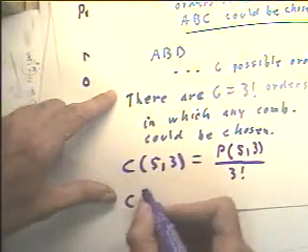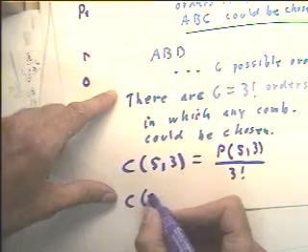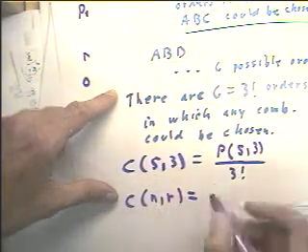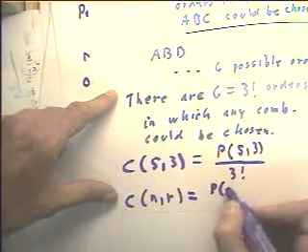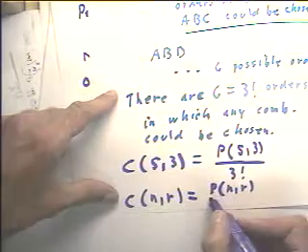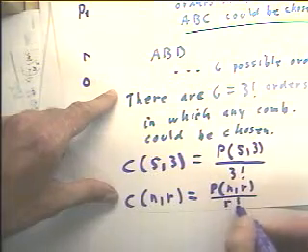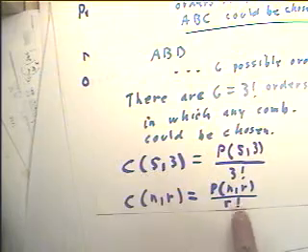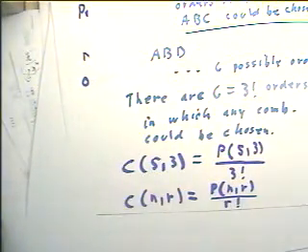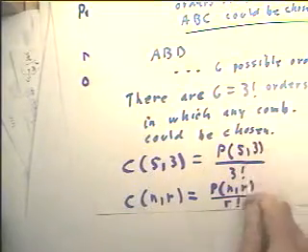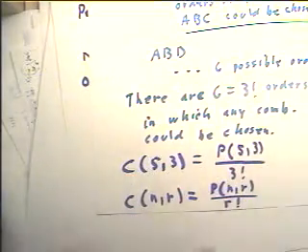And we can generalize this to the combination of R things chosen out of N, where order doesn't matter. That's going to be the same as the number of permutations, the number of ways to choose them in order, divided by the number of ways to order the R objects, which is, of course, just R factorial. So there's our formula for the combinations, and we see how it comes from the formula for permutations.